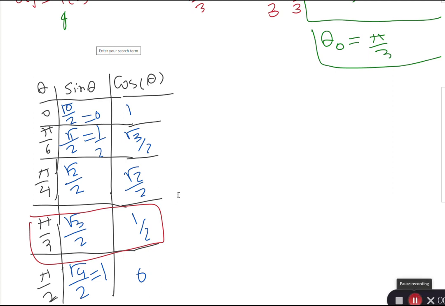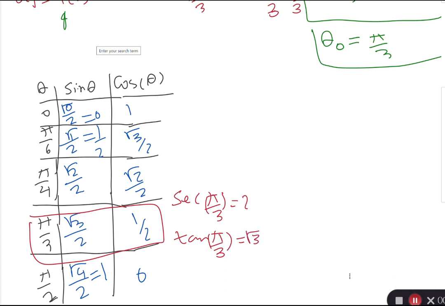So secant of pi/3 is equal to 2, and tan of pi/3 is equal to square root of 3.